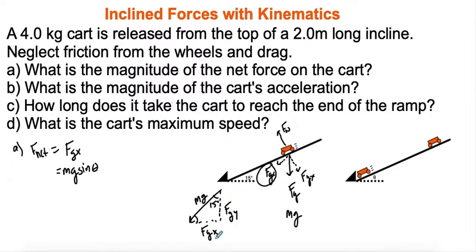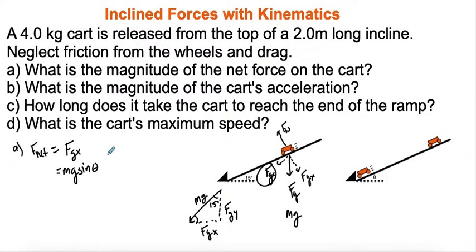So if I want this, then I'm going to be using sine, and it would be mg sine 15 to get FGX, or my x component of gravity.